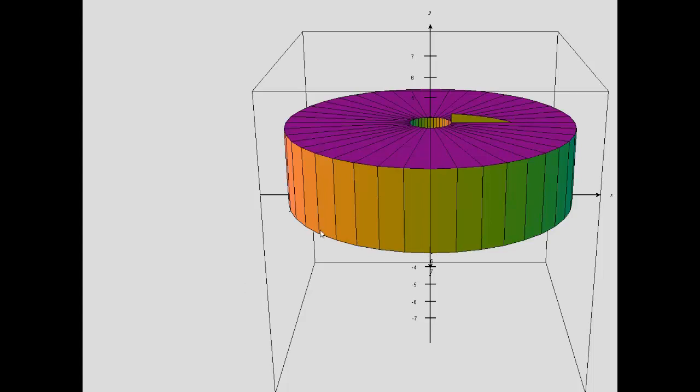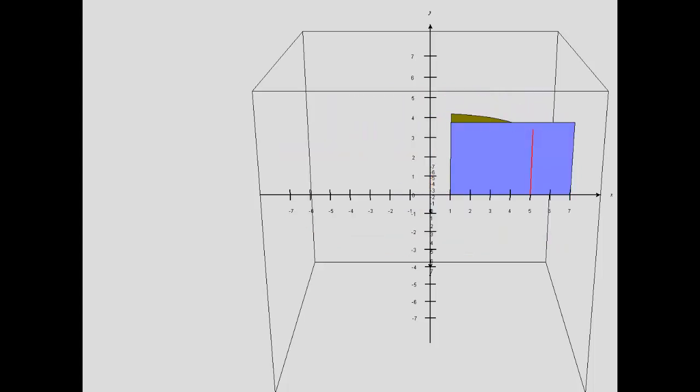Obviously that's not great in terms of coverage of the volume. So if we take more and more of these rectangles, we see there's less and less error, and then we revolve these rectangles around.